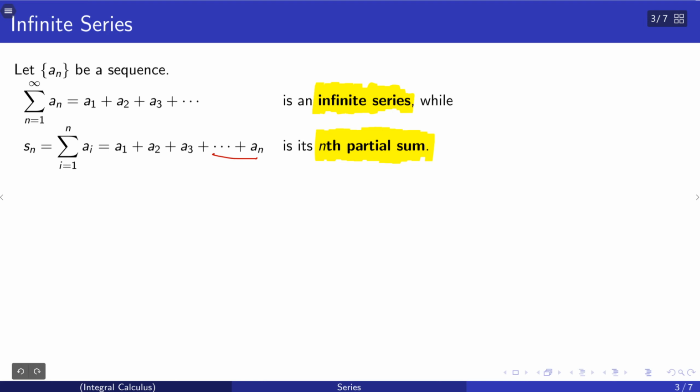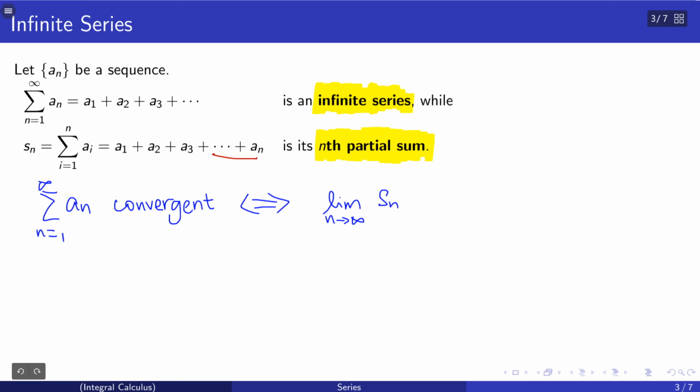And in fact, we're going to define your series to be convergent if and only if the limit of the S sub n's exists as a finite number. And so in this case, we're just going to say the sum of a sub n from n equals 1 to infinity is equal to s, whatever that limit is.